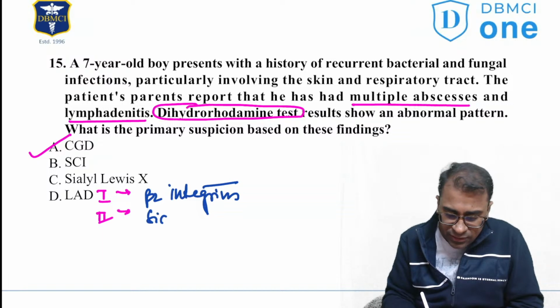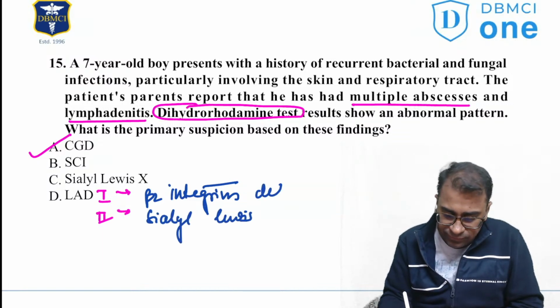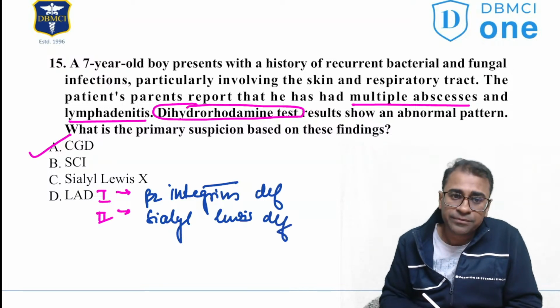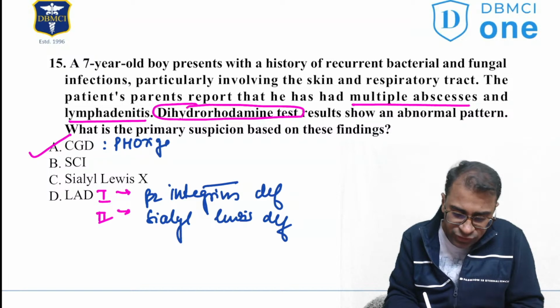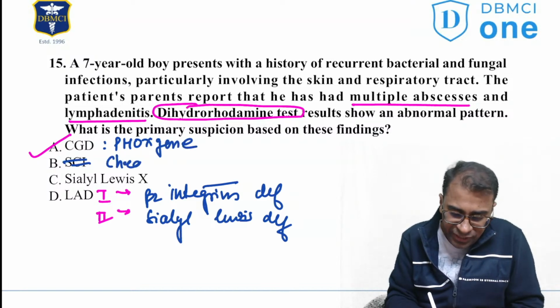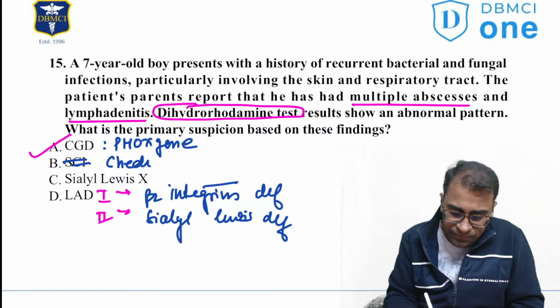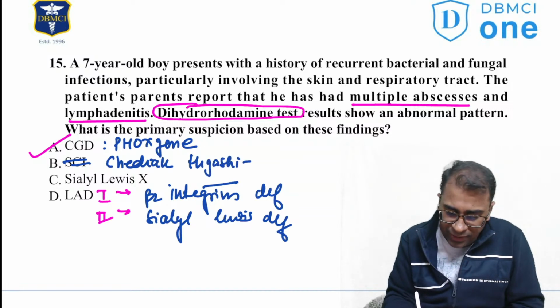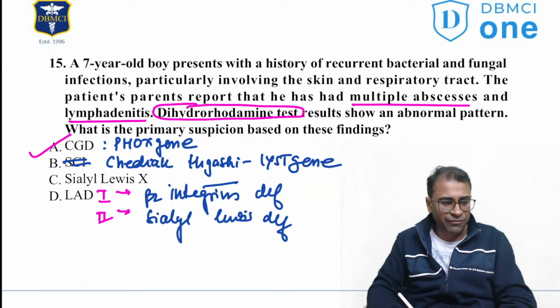LAD2 is sialyl Lewis deficiency. Okay. CGD is a defect of PHOX gene. And what about Chediak-Higashi? Chediak-Higashi is a defect of LYST gene. Okay?